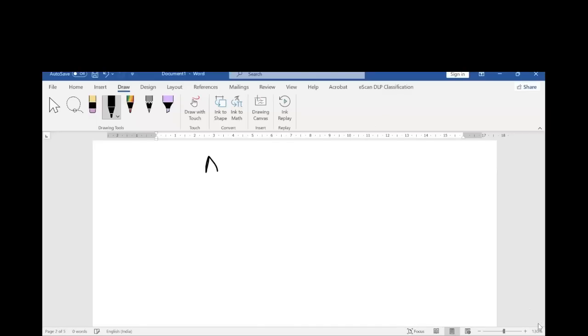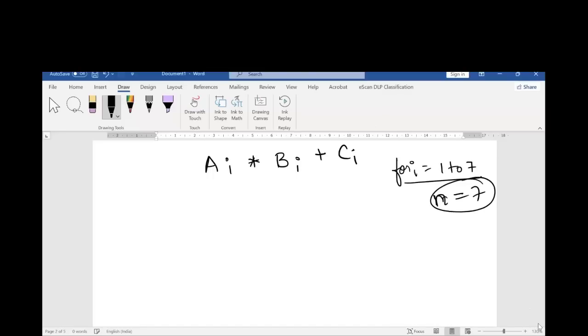Suppose this is the equation given to you: Ai into Bi plus Ci. Here I know that i is 1 to 7. So I need to carry out n tasks. That much I know.